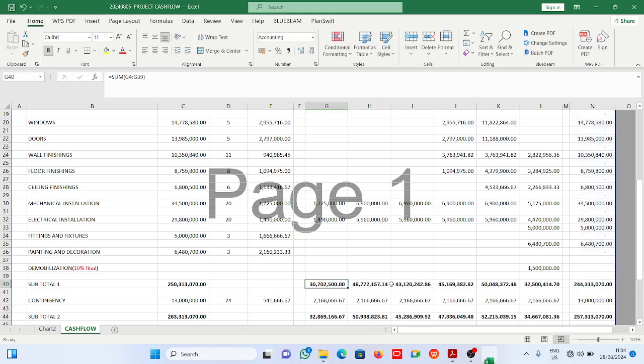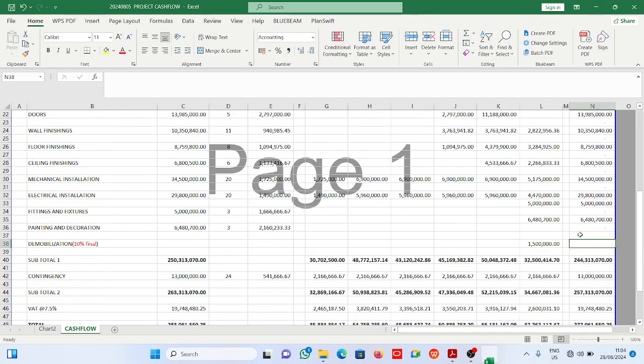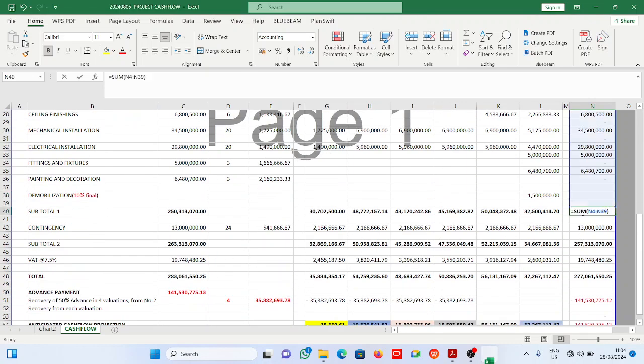Okay, I got that. Okay. All right. So if I sum this up now, this, of course, this is what I was trying to confirm. 250,313,070. This is the check column for this. All right. So if I bring it back, this is going to give me, let me make this one here.